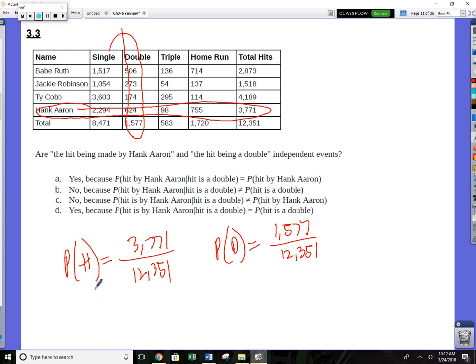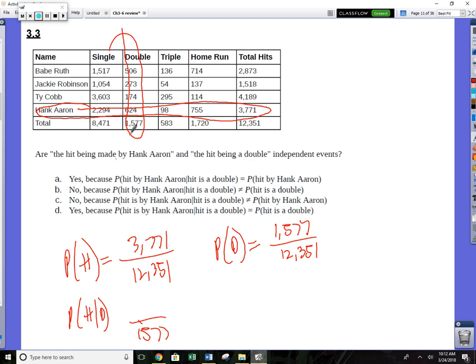Okay, let's find that. So the chances of Hank we already got. So let's find the chances of Hank given that it is a double. So now you're only looking at the double. So you're reducing the sample space. You're not looking at all 12 grand. You're only looking at the doubles. So that is 1577.